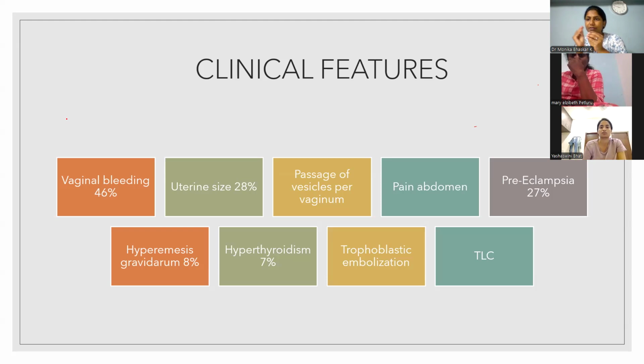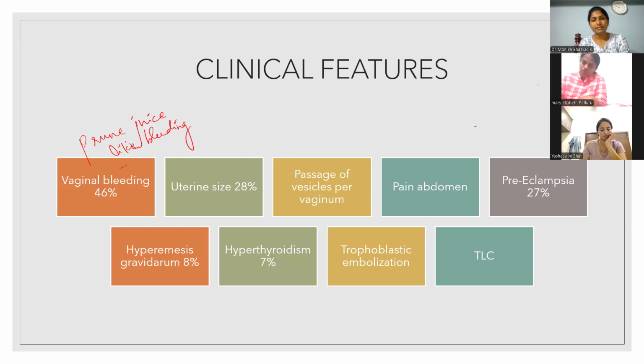Also, the trophoblastic tissue which has proliferated, these villi, sometimes dissolve, and after dissolving this can also present as bleeding. It is described in literature as prune juice-like bleeding.